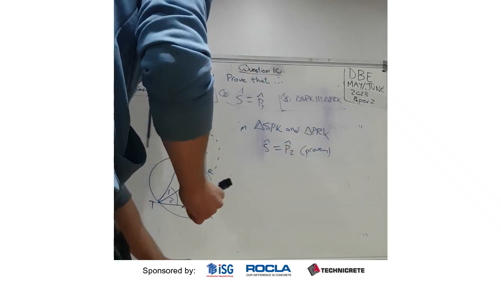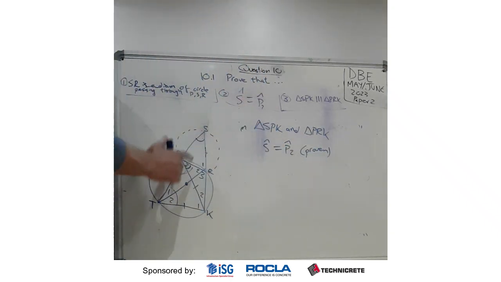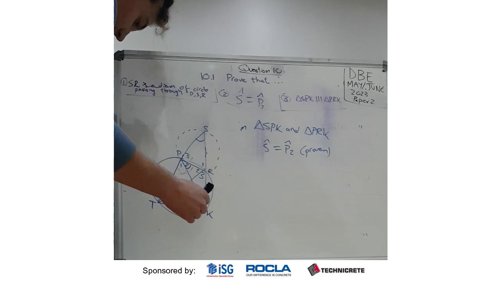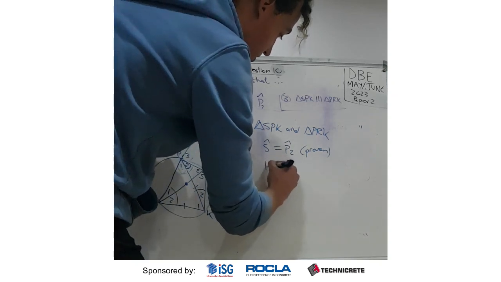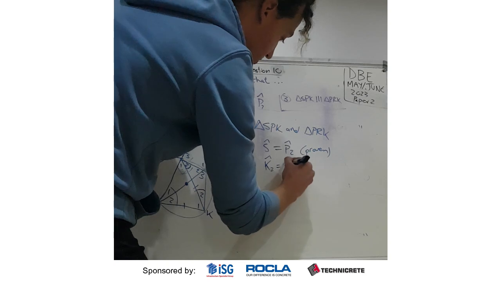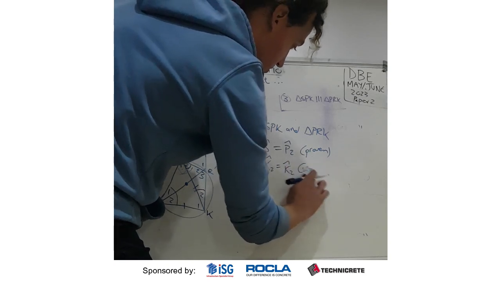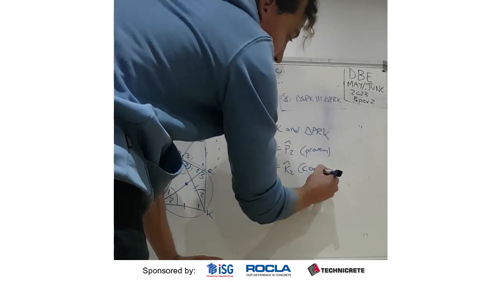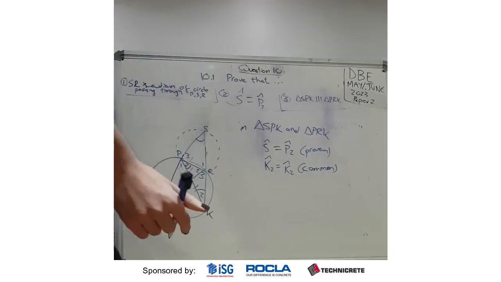Proven. And if we look at these triangles, this angle K2 is shared between them. So angle K2 is equal to angle K2. Sorry, shared is not the correct terminology, it's common. It's a common angle.